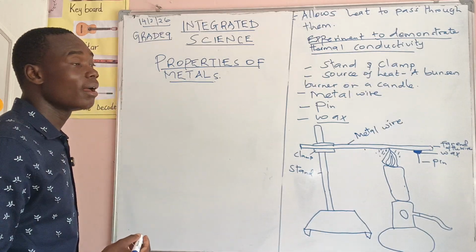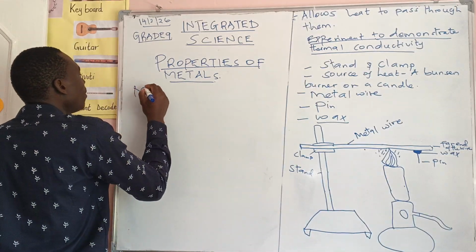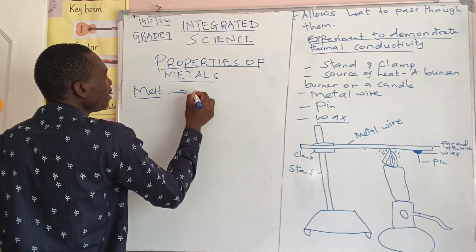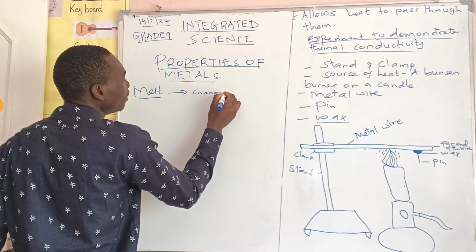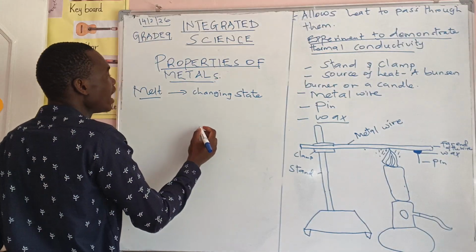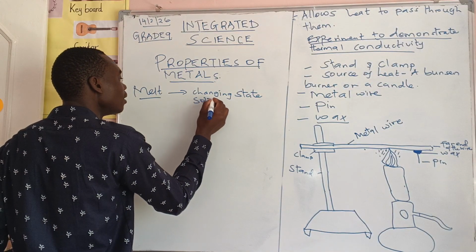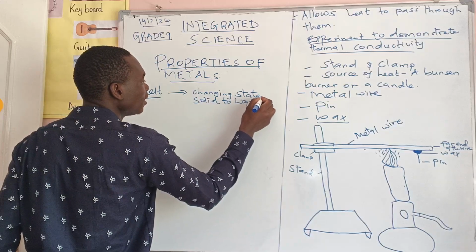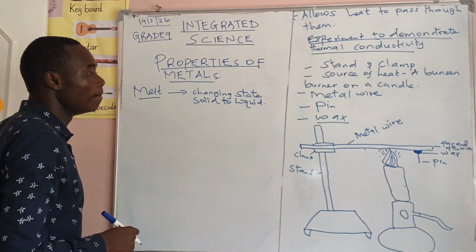And when you hear the word melting or melt, it means it is changing state. From where? From solid to liquid. And that is what we call melting.